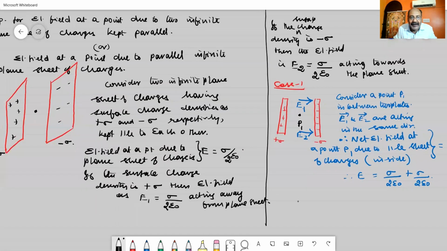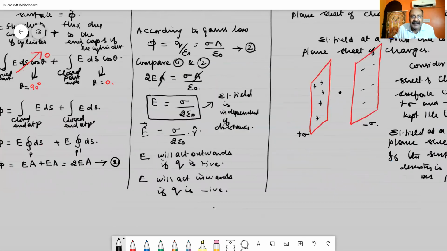That is what we have derived in the previous case, isn't it? Here I have derived the electrical field at a point due to a plane sheet of charges given by sigma by 2 epsilon 0, acting away if it is positive and acting towards if it is negative.